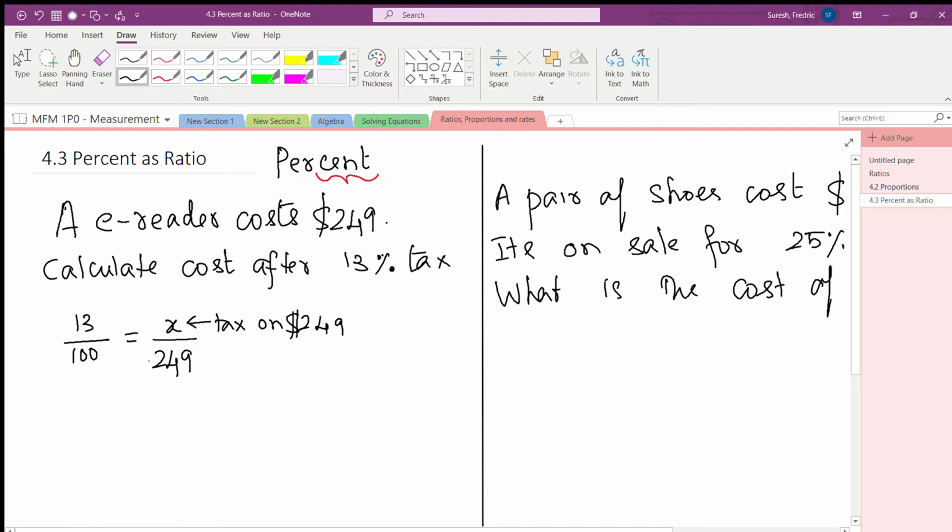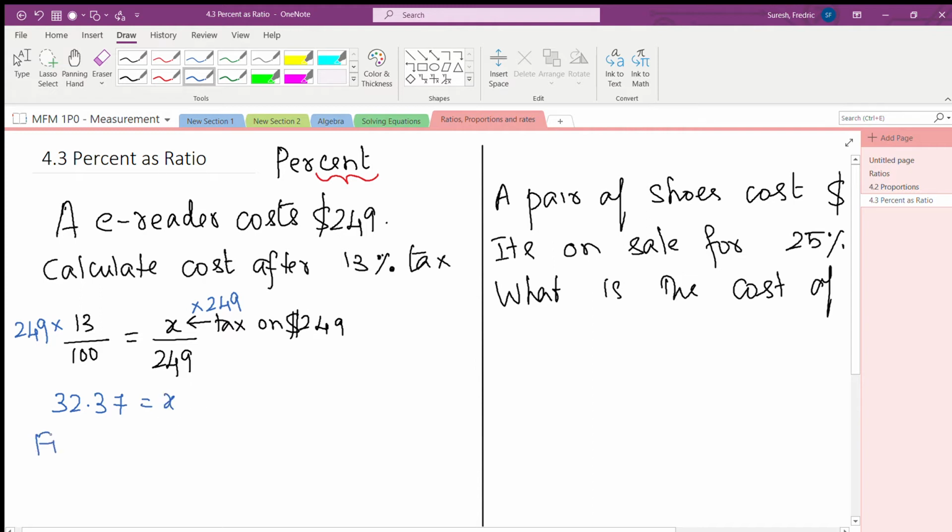To isolate for the x, I have to multiply both sides by 249, and what I do on one side, I have to do on the other side. If I put 249 times 13 over 100 in my calculator, I get $32.37. So this is the actual taxes I paid.